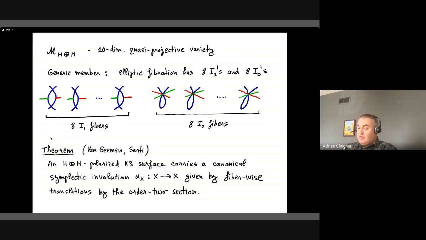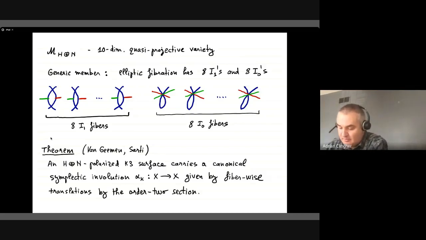But the reason why this happens is, well, there are 2 ways to look at it. One way is to see the generic member in this family. It turns out that the generic member in this family of Jacobian elliptic fibrations with sections of order 2 has 8 special fibers of Kodaira type I1.